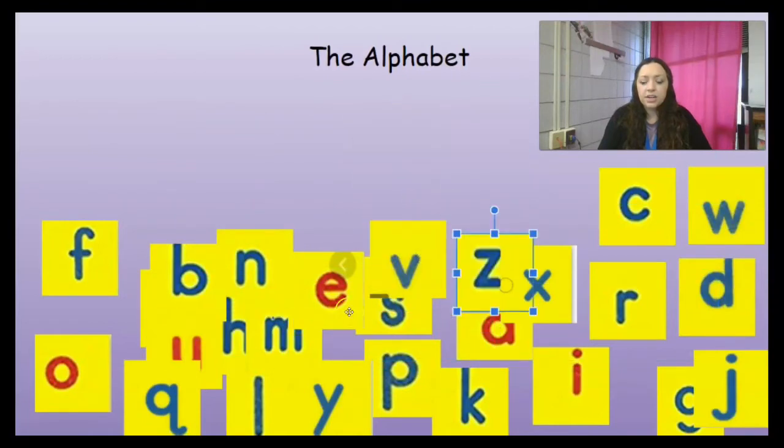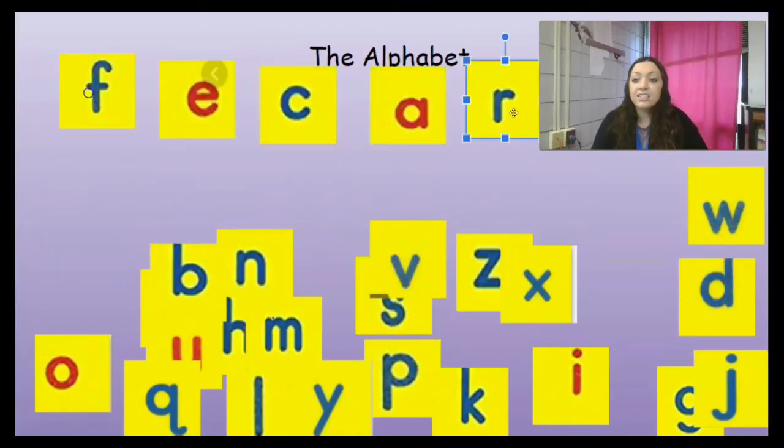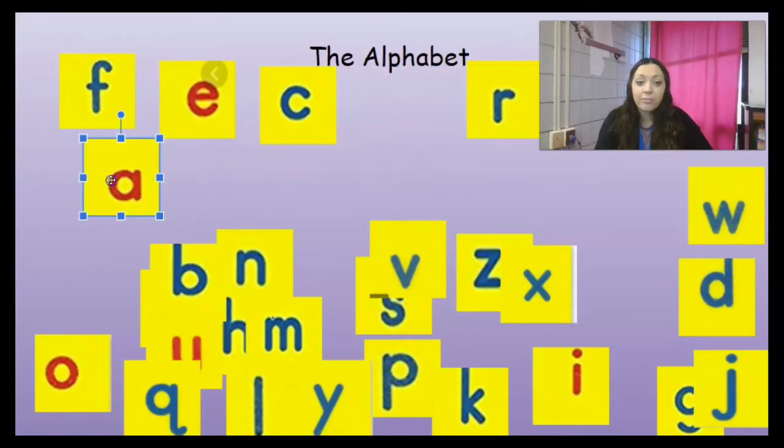Let's do some ones that are a little bit closer together. All right, so we have these letters here. We have F, E, C, A, and R. Now, obviously, looking at these letters, if I want to alphabetize them, which one's going to come first? It would be A, because A is our initial or beginning letter in the alphabet. What would come next? What comes after A? B. I don't see B, then C. C would come next.